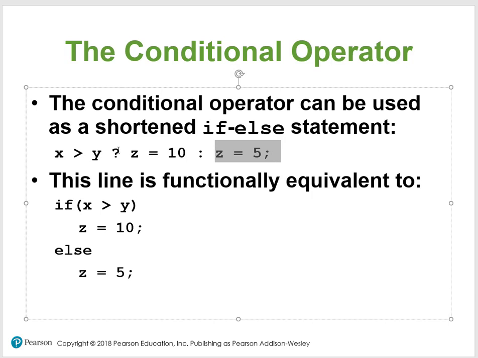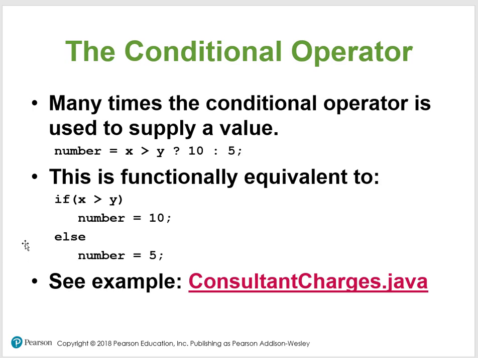So if the expression is true, you do this. If it's false, or an else, you do this. You've got to know that this came from C++ as well. It's a similar conditional operator, and it's pretty straightforward.